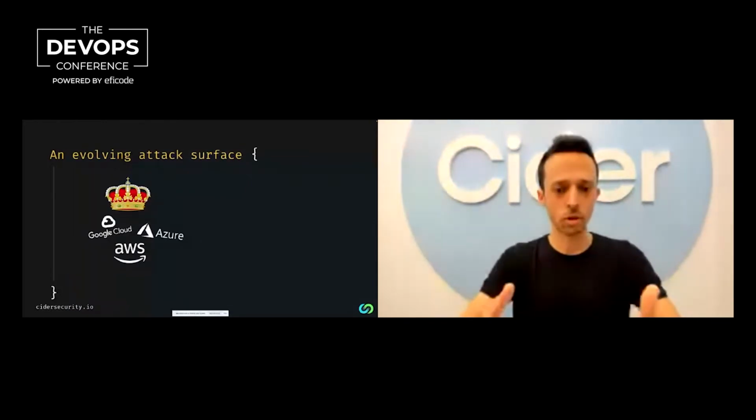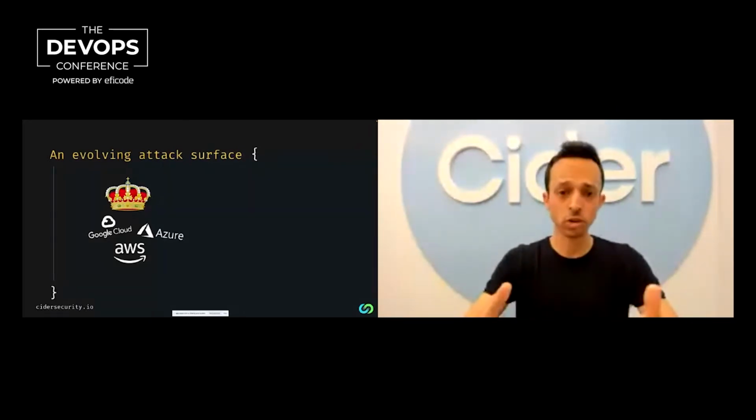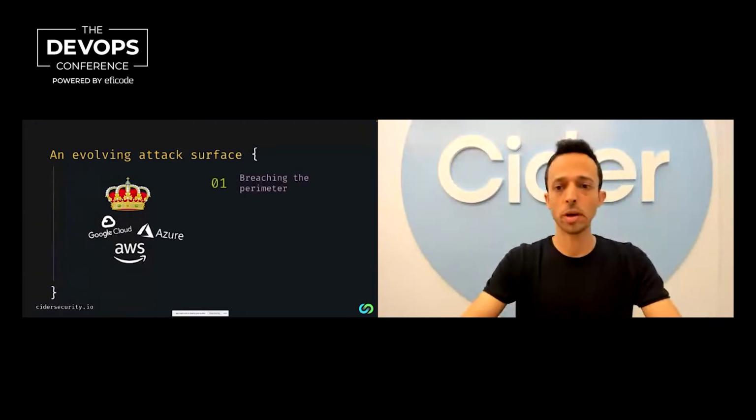Now, some of the most common attack vectors against this production environment could be breaching the perimeter, like exploiting a port left open in a publicly exposed server, or exploiting SQL injection in your web application, for example.